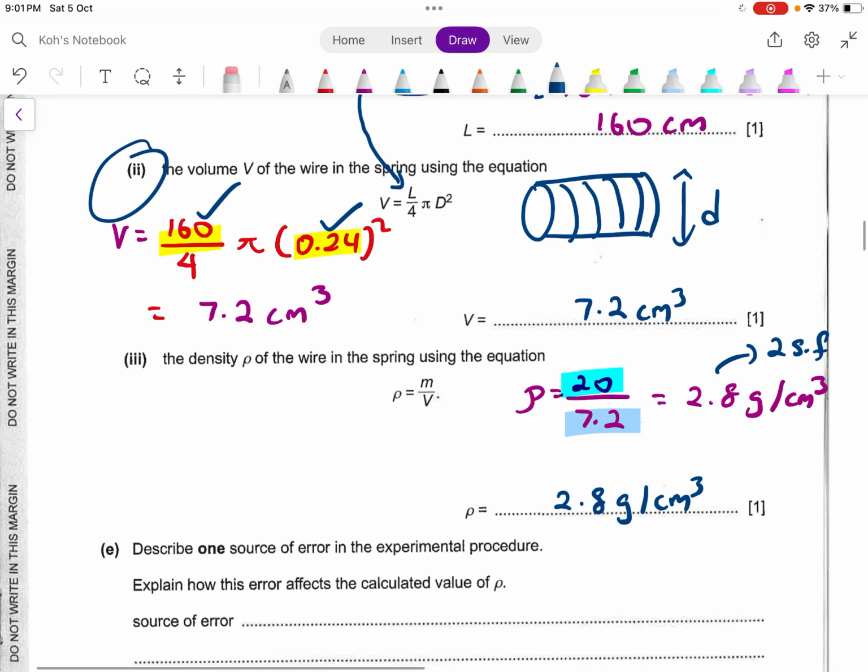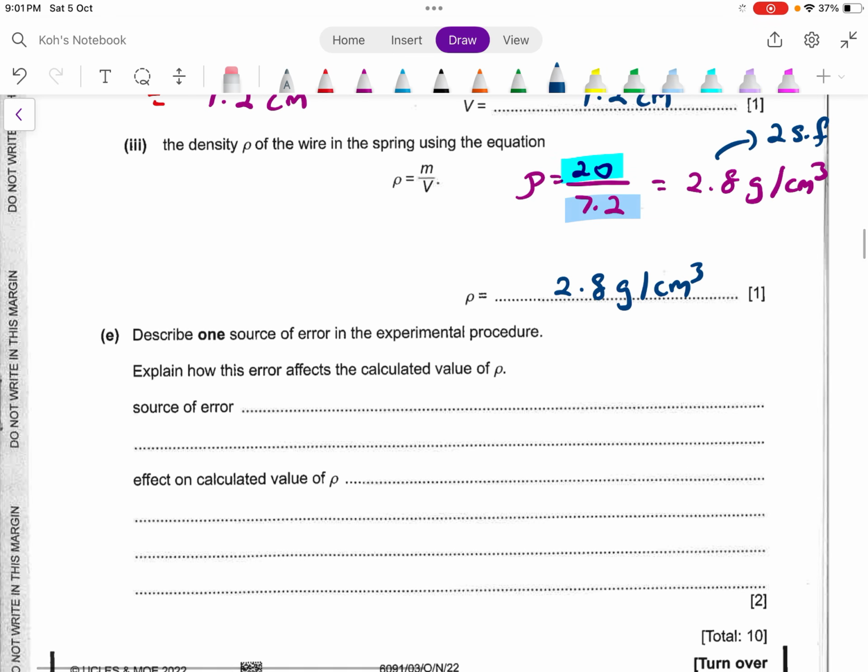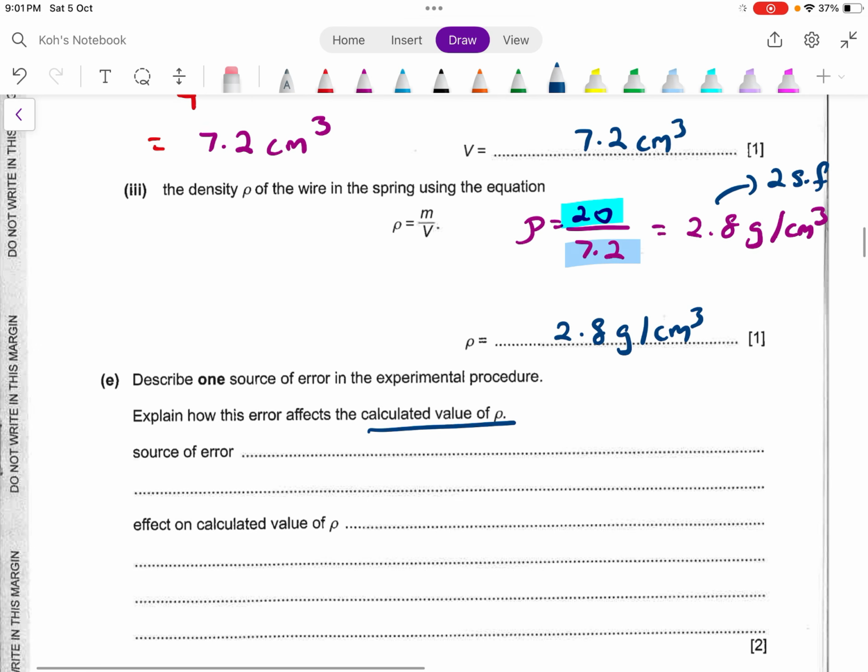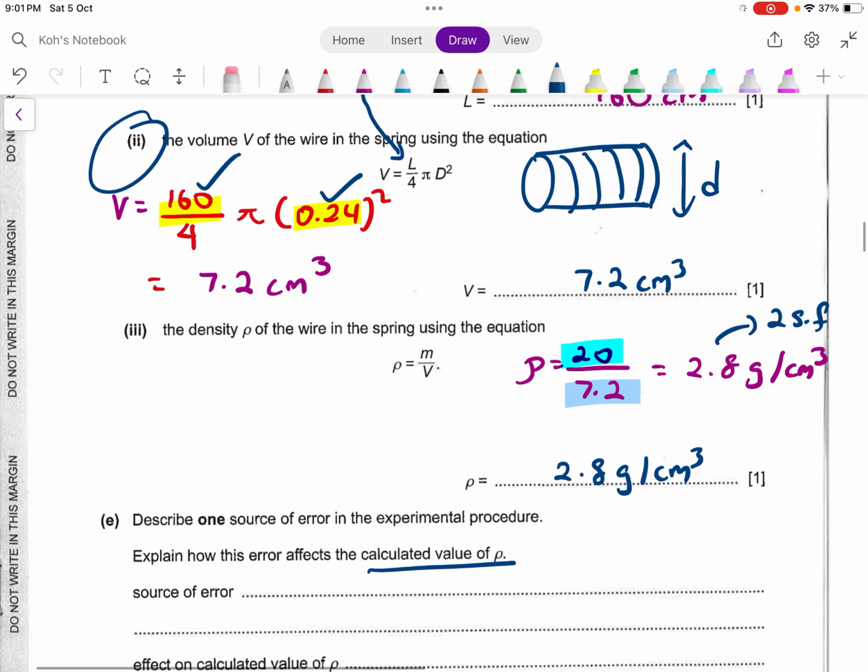Okay, here comes the question that I actually want to talk about. Describe one source of error in the experimental procedure and explain how this error affects the calculated value of your density. Okay, the source of error is that I measure the D using a 30cm ruler.